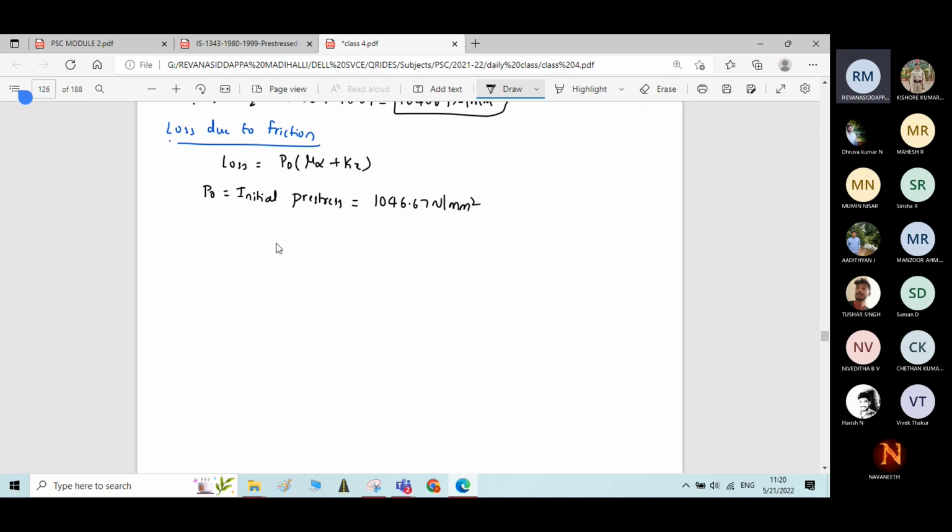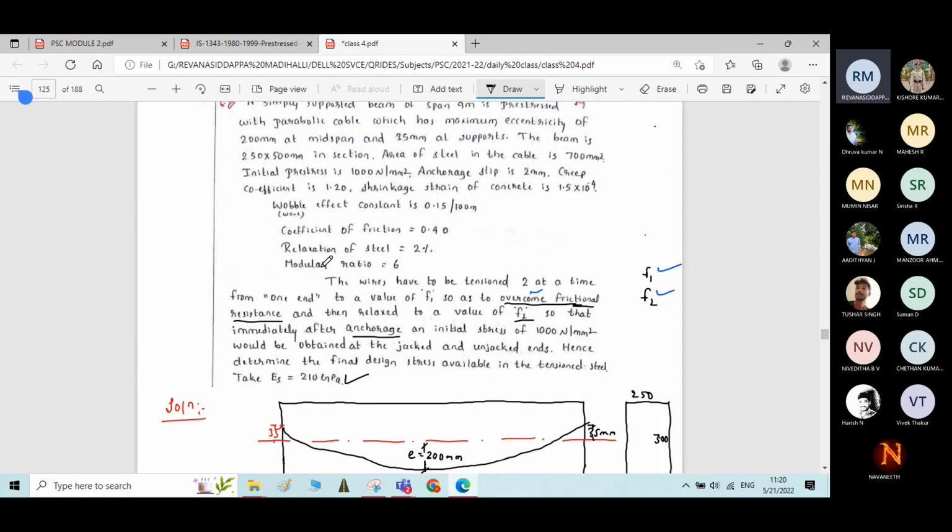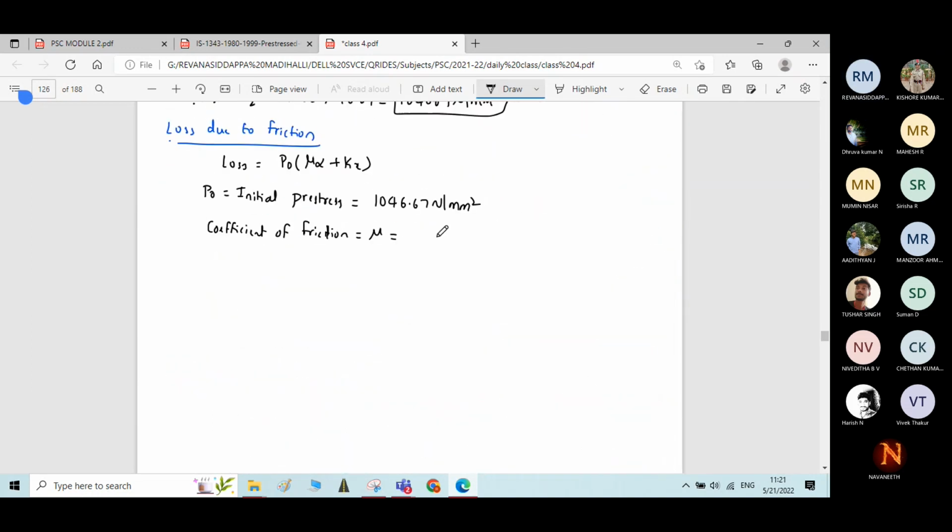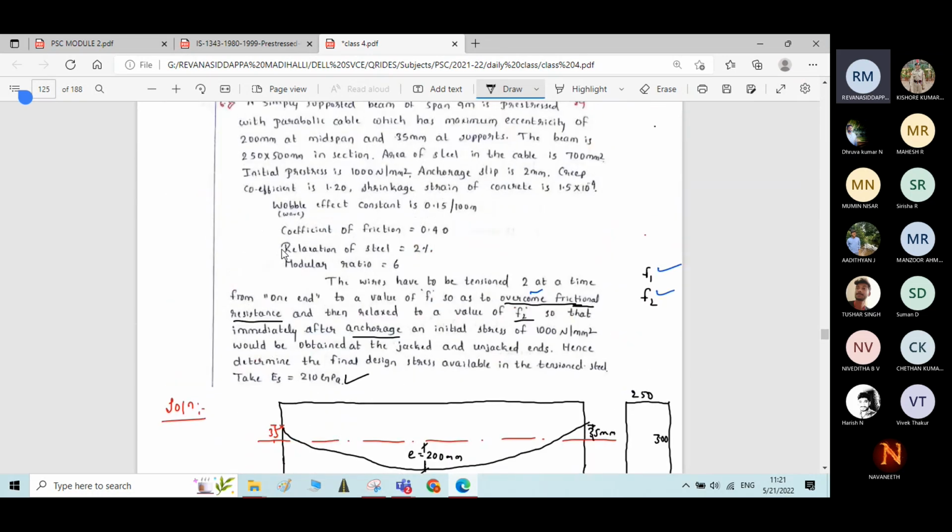Coefficient of friction, mu, is given in the problem. It is 0.40, correct? Then what else do you need? Wobble coefficient or wave effect constant, it is also given. K is equal to how much?